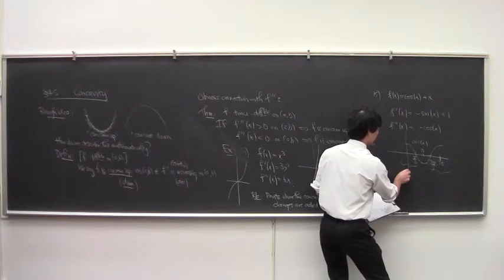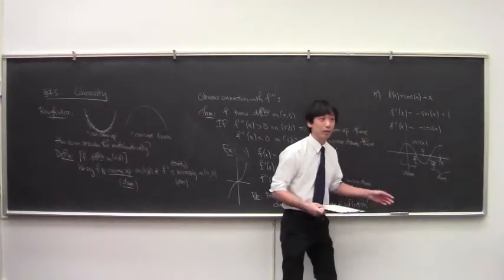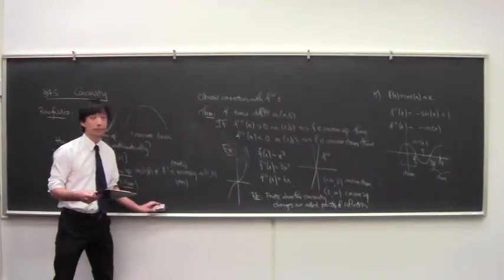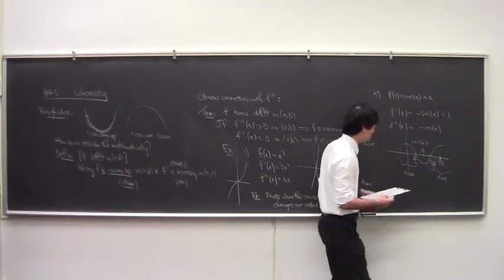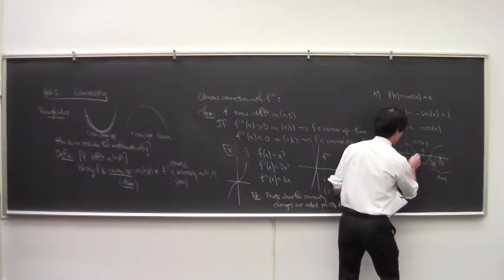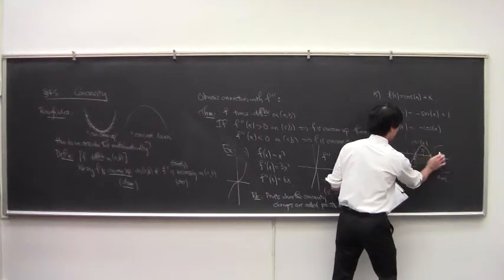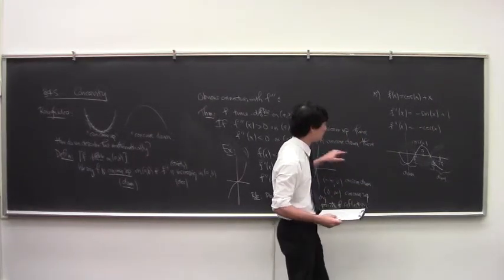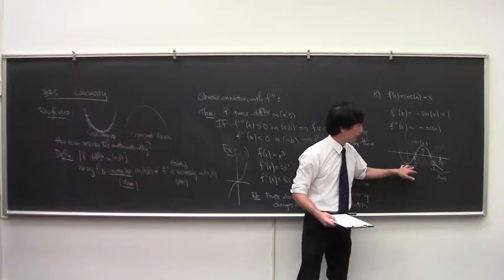It's going to be concave down here and concave up on all the other places. That's cosine, so negative cosine is like this. Where the second derivative is negative, it's going to be concave down. It's going to be concave down here.